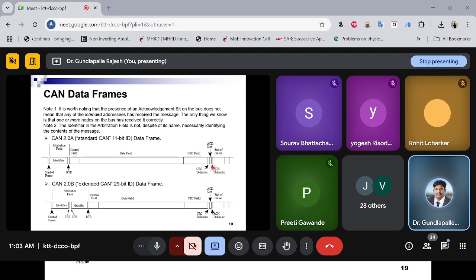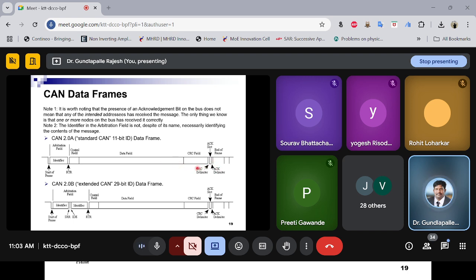The acknowledgement delimiter means that when the complete frame or packet of data is transmitted successfully, it is returned to the sender with an acknowledgement. Suppose in this data field an error occurs which cannot be corrected.